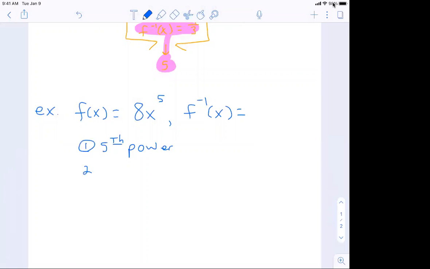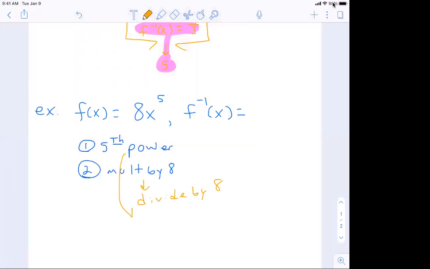And then the second thing you would do is take that number and multiply by 8. So we want a function that undoes that process, and we want it to undo it in the reverse order. So what we want to do then for its inverse here is, instead of multiplying by 8, we want to divide by 8.